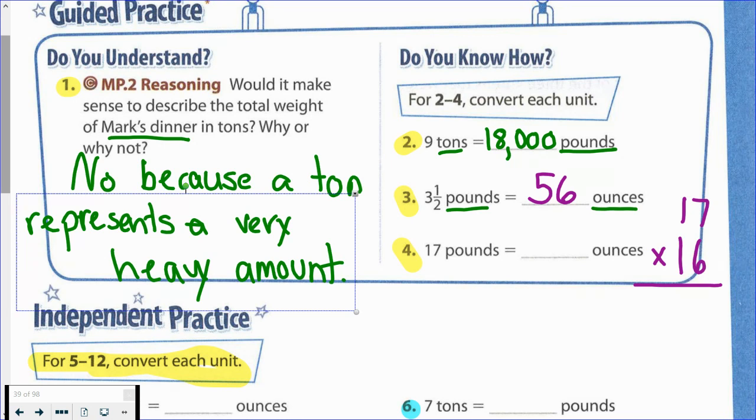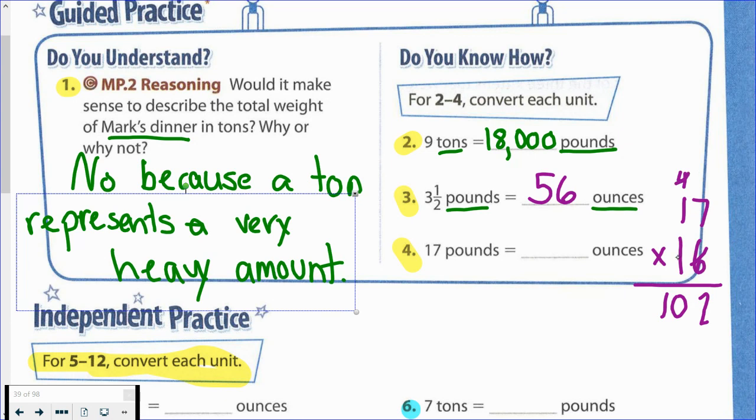So don't be intimidated by this two-digit multiplication. We did this, okay? And if you want to go back to the turtle head method, that's the way to do it. So 6 times 7 is 42. 6 times 1 is 6, plus 4. So 6, 7, 8, 9, 10. Okay? So we already used that.